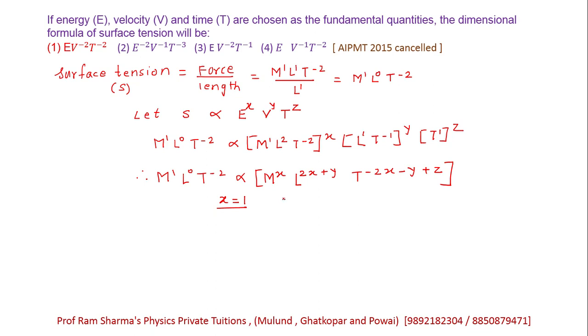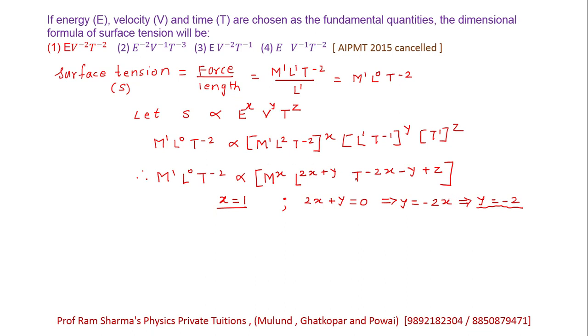If we equate the two, we get 2x plus y equal to 0, or y is equal to minus 2x. But we know that the value of x is 1. So if I substitute here, I'll get y is equal to minus 2. So I got the value of y as well.